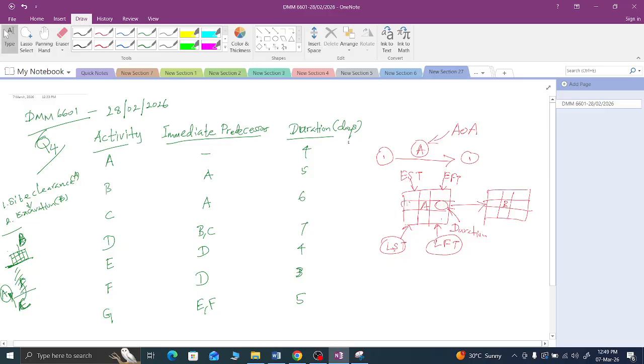So the float cell is this one. Float or flexibility, we have different names, right?